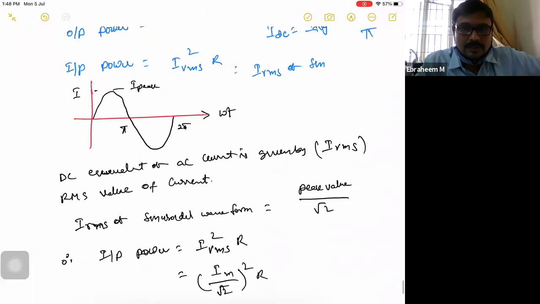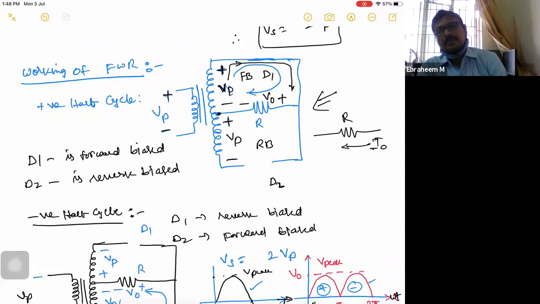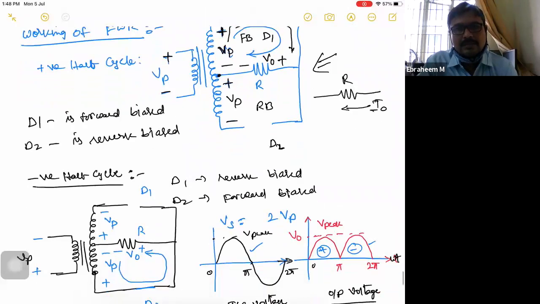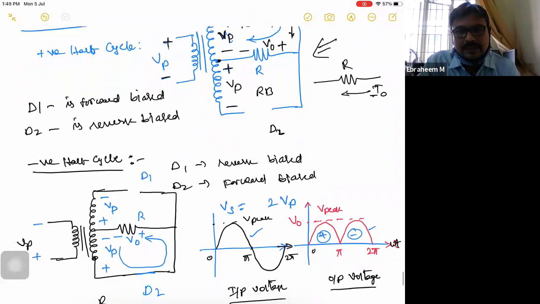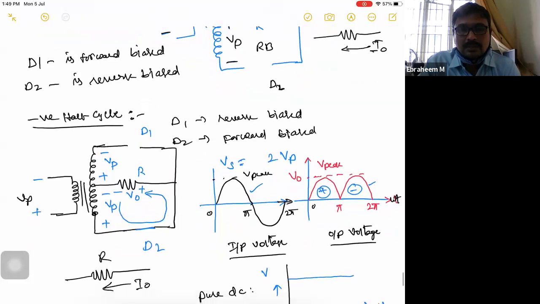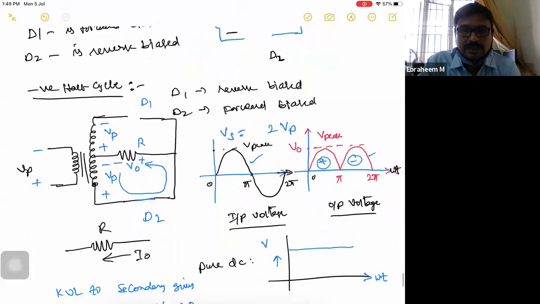In this session, we have seen the working of a full wave rectifier, in both the positive half cycle and the negative half cycle. We have seen the circuit, how each diode behaves, and what the polarity of the output voltage across the load resistor is. Similarly, in the negative half cycle we verified the polarity of the output voltage, and hence drew the total output voltage waveform, which includes both half cycles.